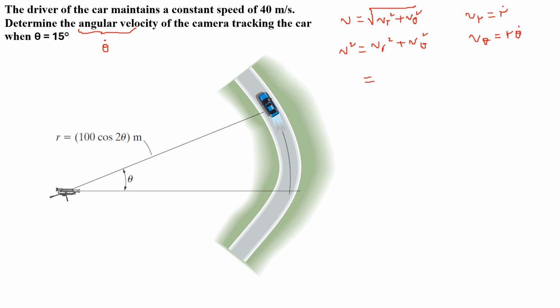Substituting this into the equation, we have r dot square plus r theta dot square. I'm just going to remove the bracket here: r dot square plus r square theta dot square.